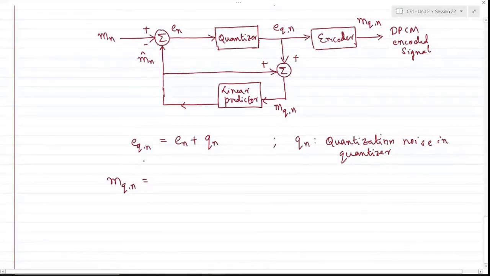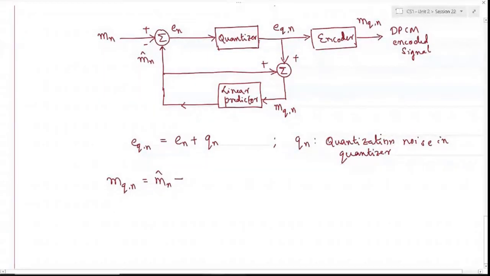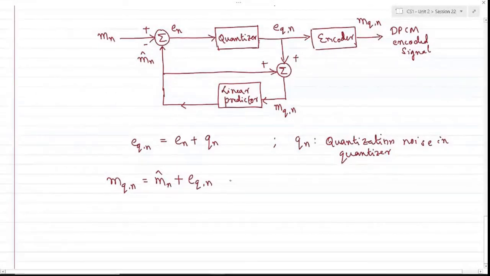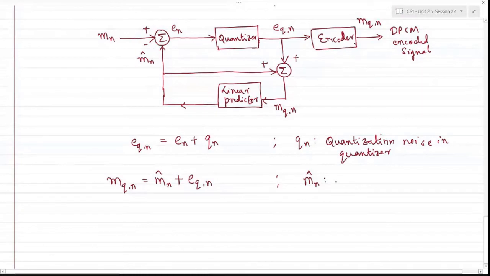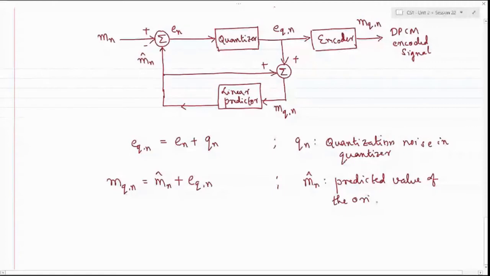As you can see, this is a feedback loop where the prediction on the message signal is getting back to the summer or the adder here, which is the addition of the predicted sample plus e_q,n itself. Where m_n cap, as we have introduced in the previous part, is the predicted value of the original message.